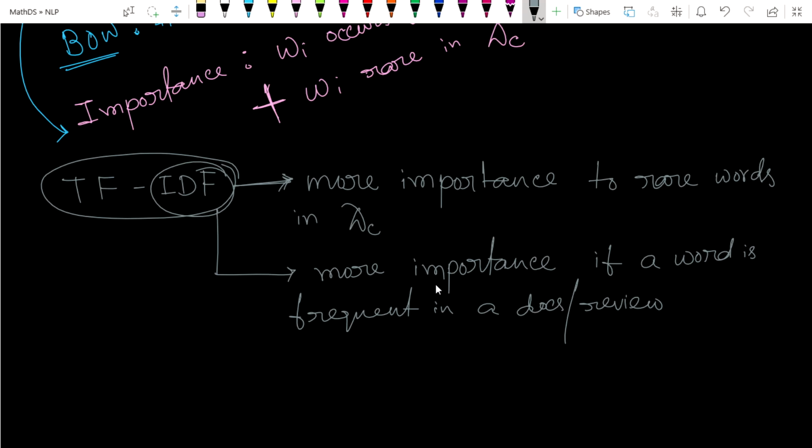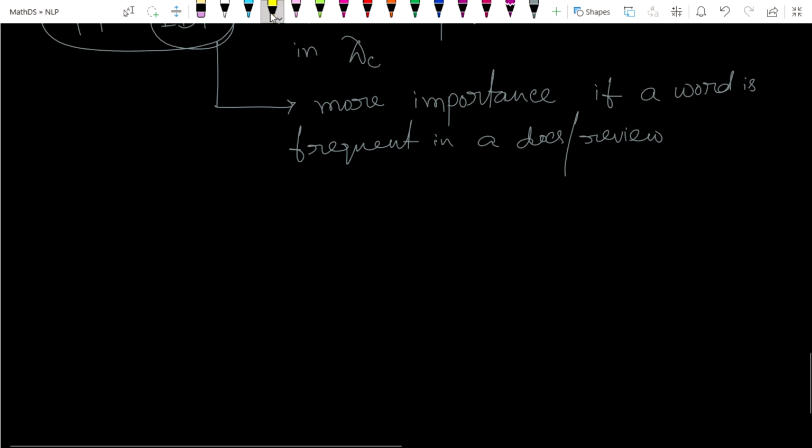But there is also a problem with TF-IDF. Let's see what the drawbacks of this algorithm are. The drawback is semantic meaning.